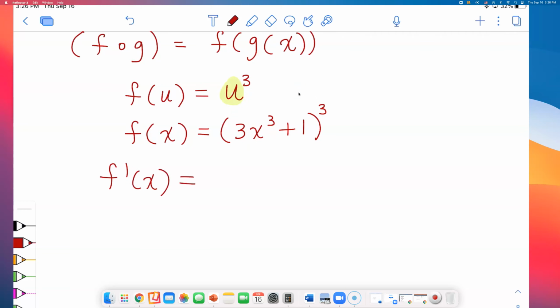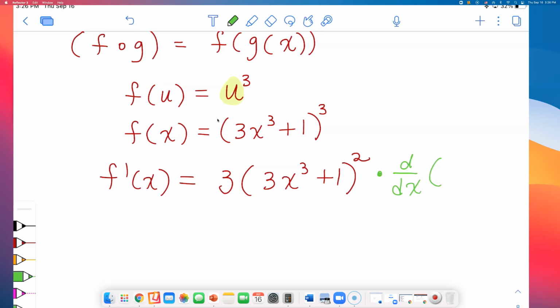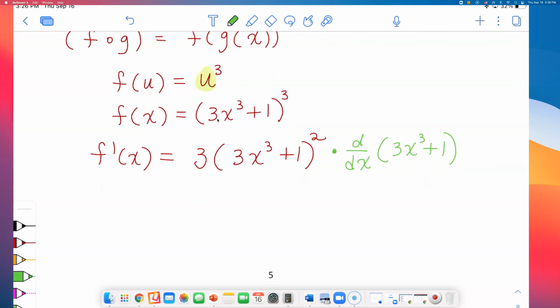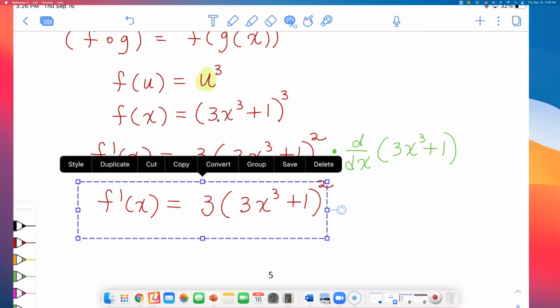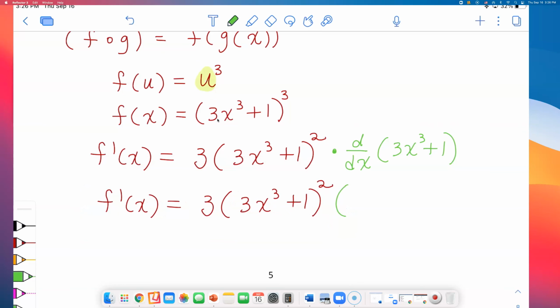That is 3 times 3x cubed plus 1 raised to the what power? Second power. So I took the derivative of the big picture. But now I need to multiply this by the derivative of the inside part, which is 3x cubed plus 1. All right, so next line, the first piece will remain the same, but I'm going to work with the derivative of this inside part.